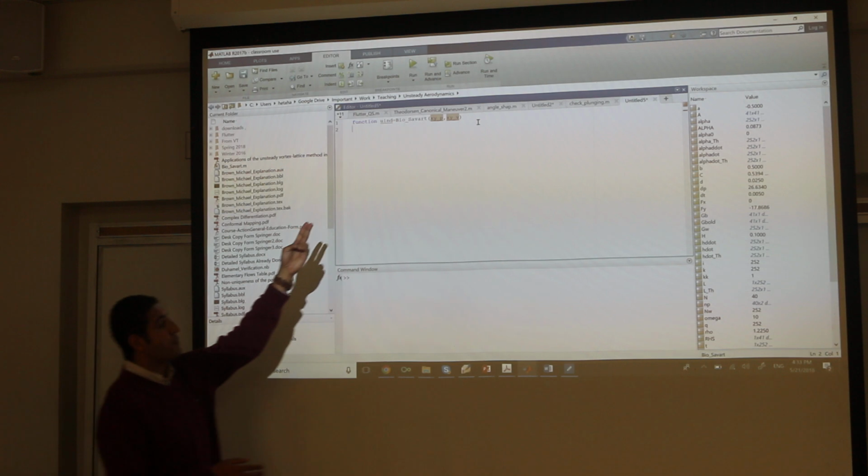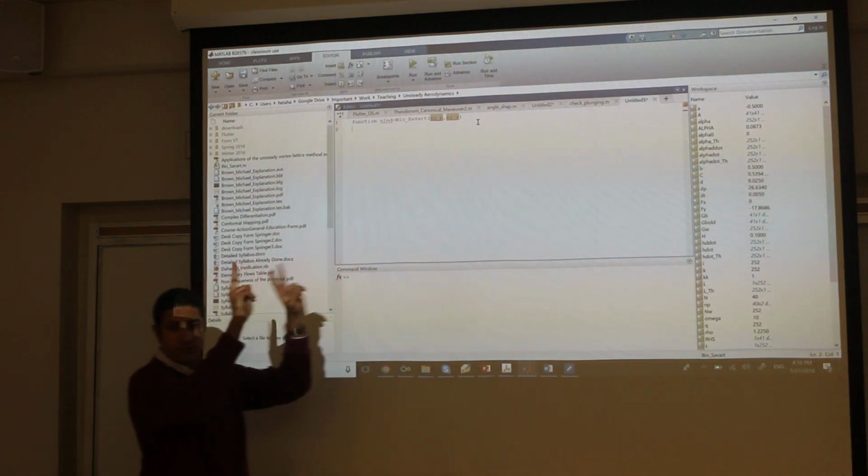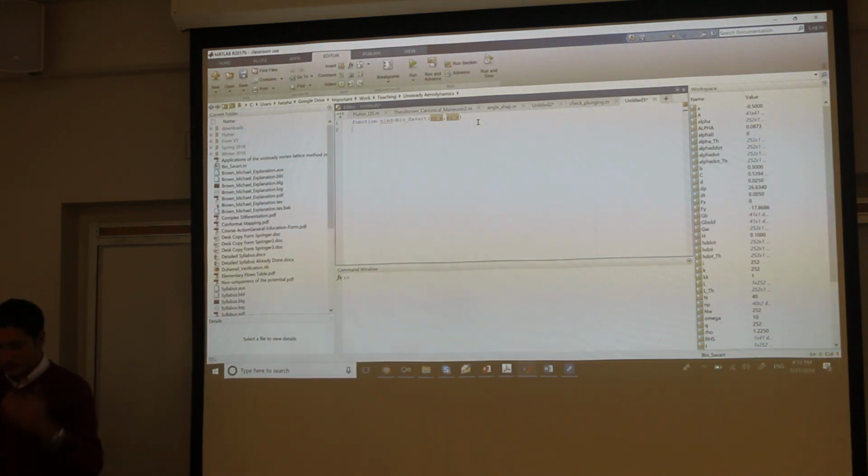So xy point is the 2 coordinates of the point, xy vortex is the 2 coordinates of the vortex, so we're going to do the delta x, right? So delta x is xy vortex of the first coordinate, 1, minus xy point of 1 also.